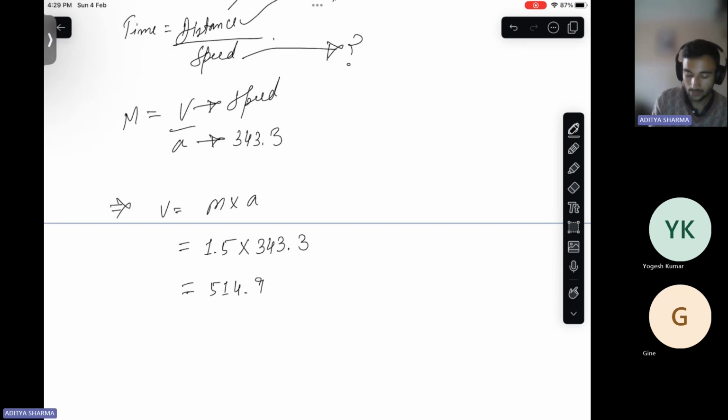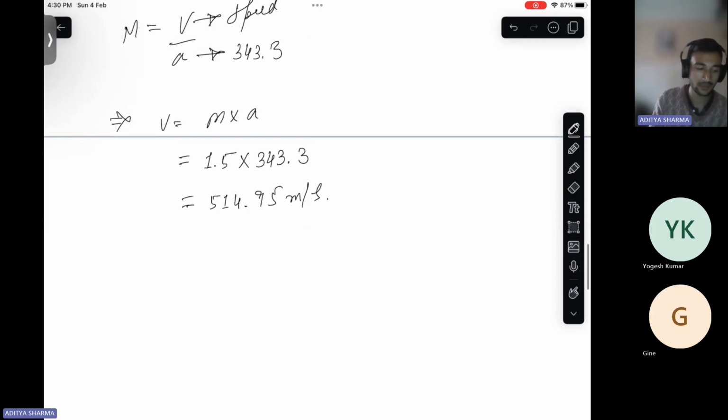So here we have this value. Our time will be distance upon speed.